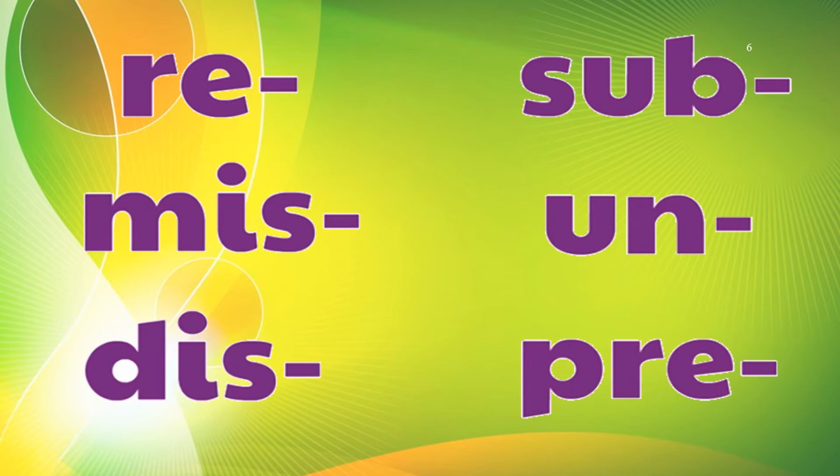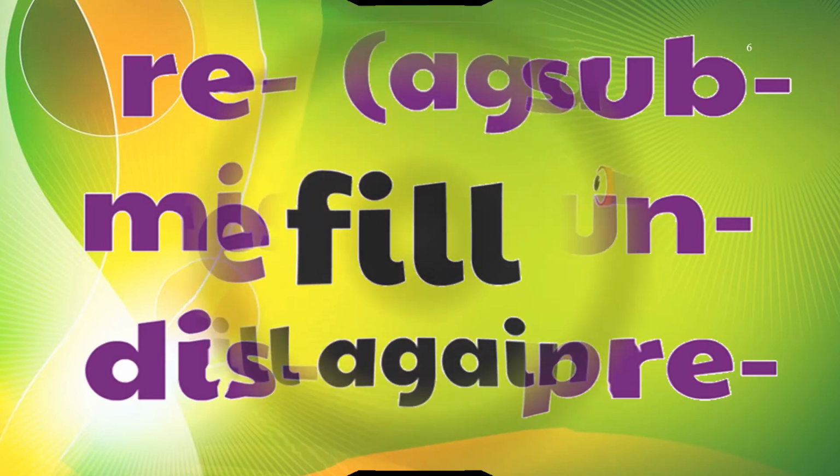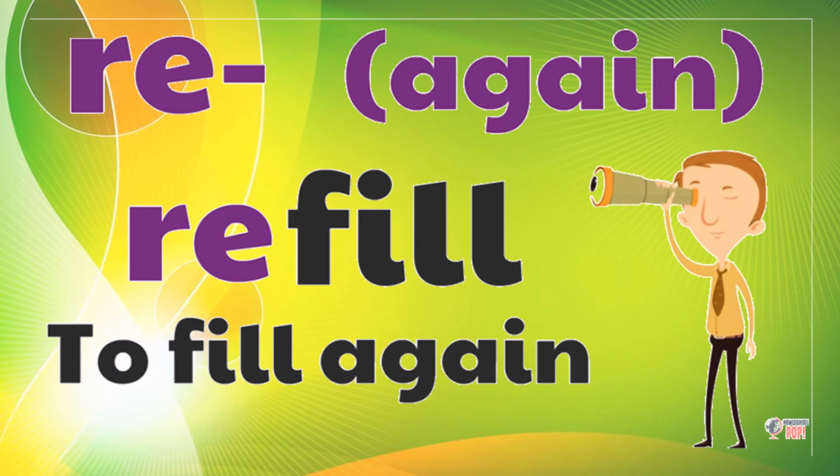We will begin with re. See here, re's meaning is again. Re means again. Now you can see the word in navy blue color, fill. What is that root word? Fill. And we have added re to that word, so it has now become refill.